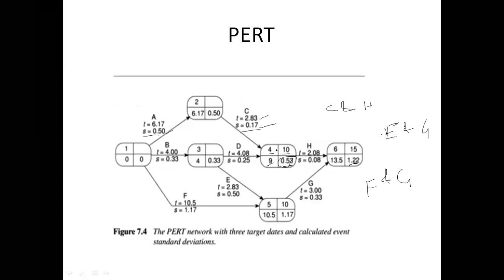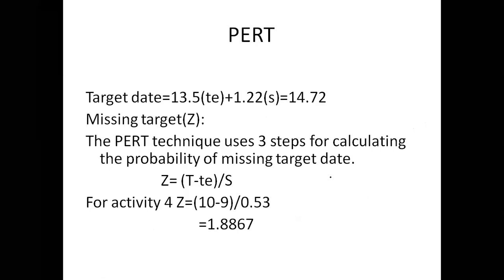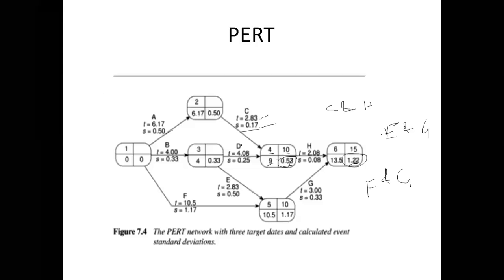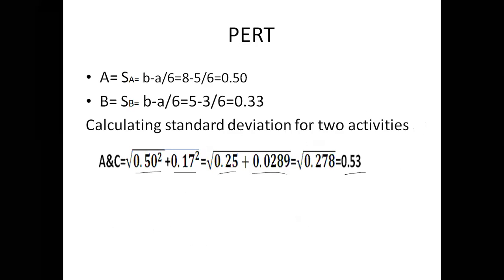Whichever path gets the larger deviation value, we write here. That is the path through F and G. We get 1.22; the remaining paths are less than this value. So I write the highest, 1.22. Everybody clear? So see here, calculating the standard deviation: for the small difference, when adding two standard deviations, we have the formula.